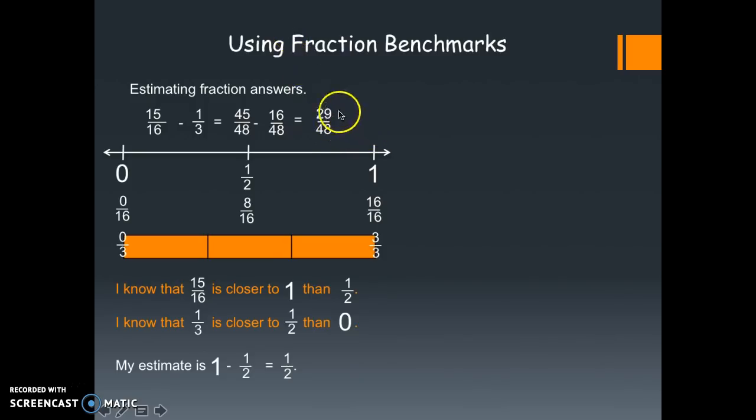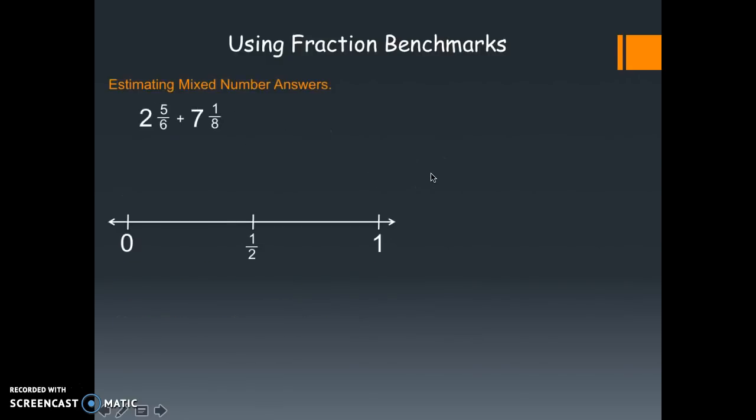So when I think about what that simplifies to, I know that 24/48 is exactly a half, so I'm not too far off. So that's a good estimate, and I know that my answer is reasonable. If this number was way off, then I would know I've done something wrong along the way and I should go back and see if I can find my mistake.